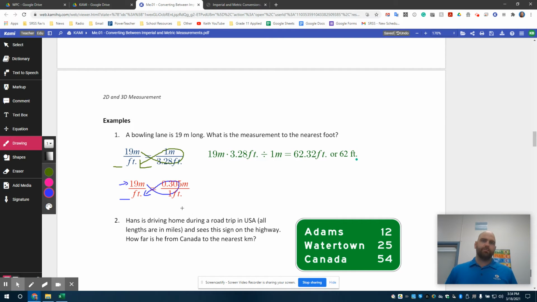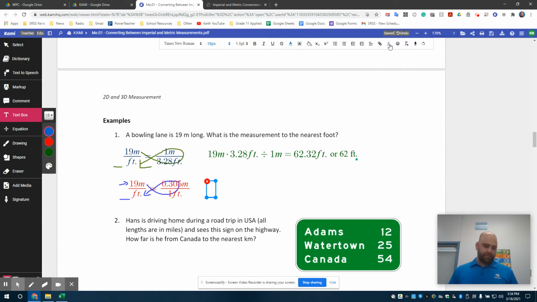So we start right here. All right, when we do the calculations now it's going to look a little bit like this: 19 meters times 1 foot, now we're dividing by 0.305 meters.